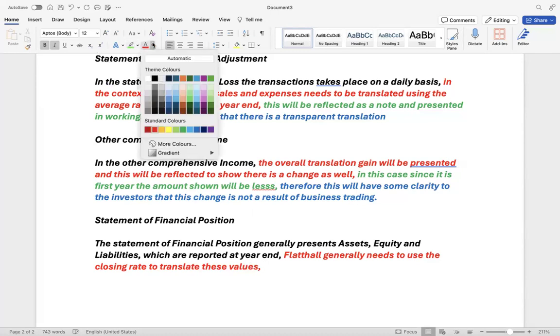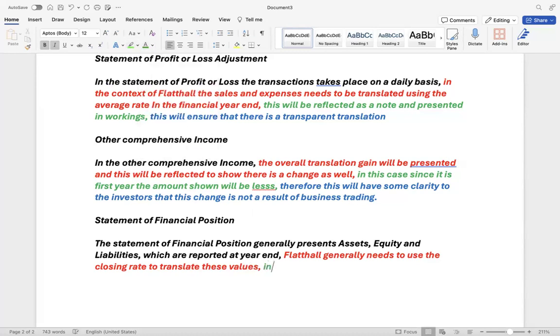So I will continue this so that it will be very easier. In that case, all the assets, including goodwill, will be translated at closing rate, and similarly the liabilities.